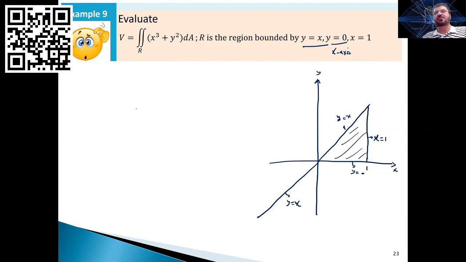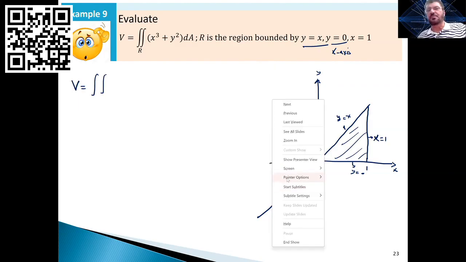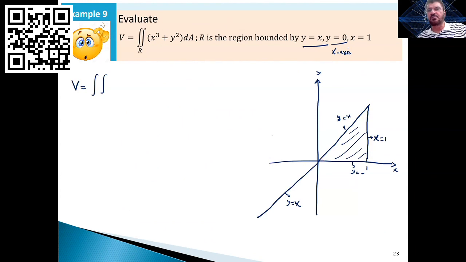So what do we say? The volume here is equal to the double integration. Are you going to consider this type 1 or type 2? It's up to you. So let's take it type 1. Let's start from here, like that. Vertical light. Where is it going to start on the x-axis?